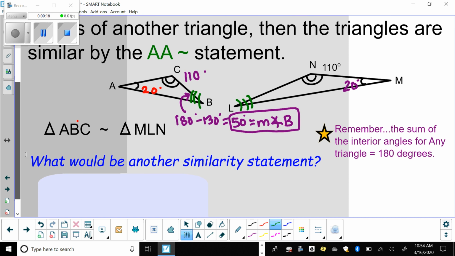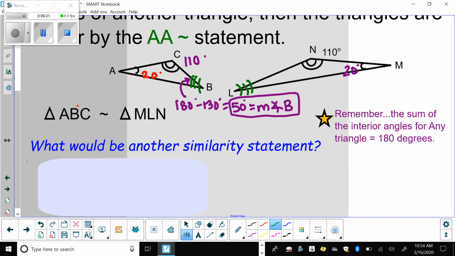So what are some other similarity statements? The order of the letters matters. For instance, I call this triangle ABC. It's similar to triangle MLN by AA similarity. But if I want to call it triangle CBA, then I would say it's similar to triangle NLM.